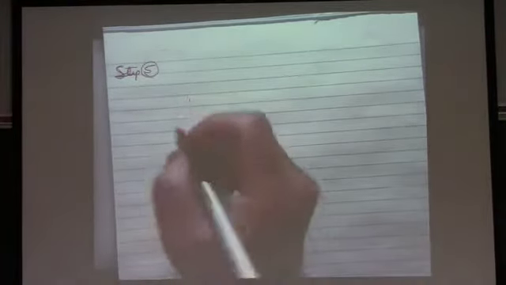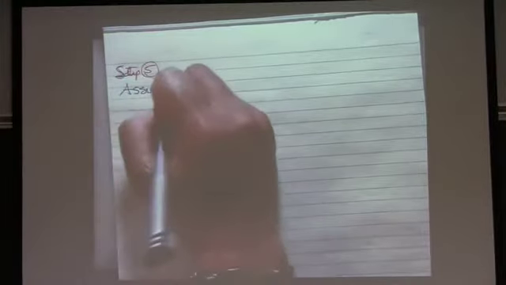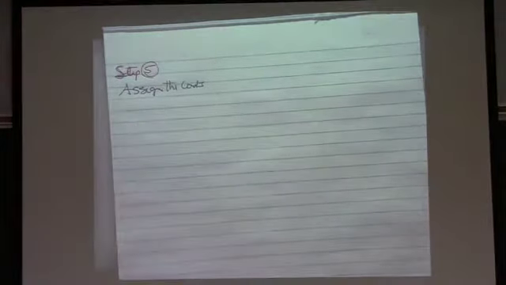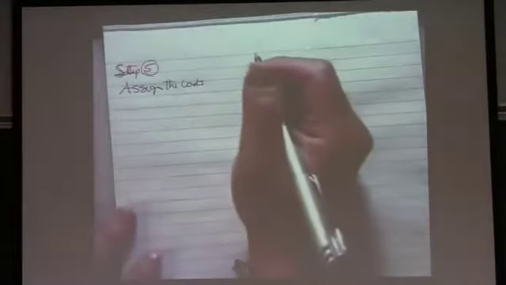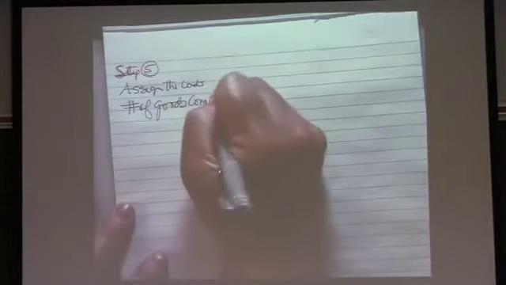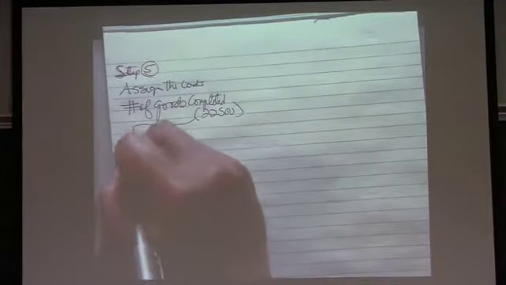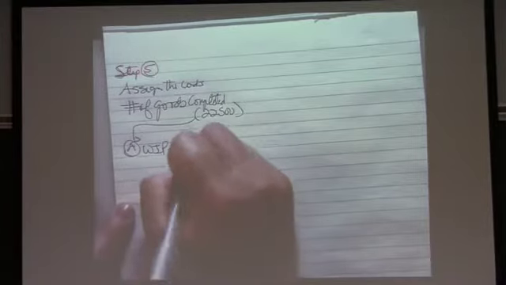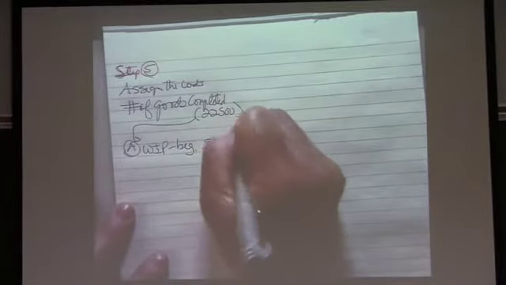Step 5, we need to assign the cost. Okay, so we know the number of goods completed was 22,500, right? How much of that came from work in progress beginning? We know there were 5,000 of those units.